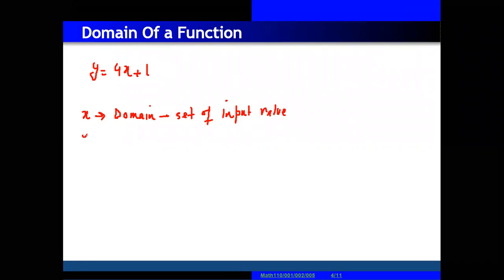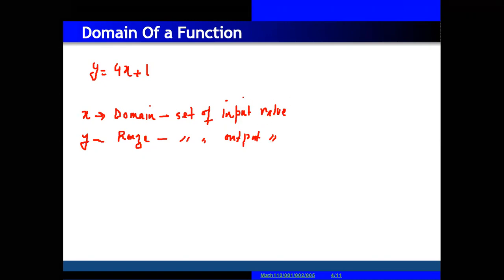Y is actually the range, and range means the set of output values. So when a function is given, how can we find the domain of that function and how can we find the range? But for now we will just find the domain. In the next topic, we will also find the range of a function.